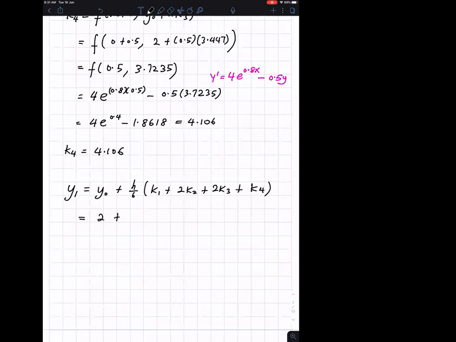Y0 initial value is 2. Step size is 0.5, divided by 6. Okay.